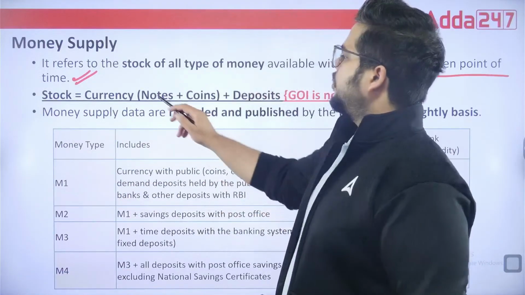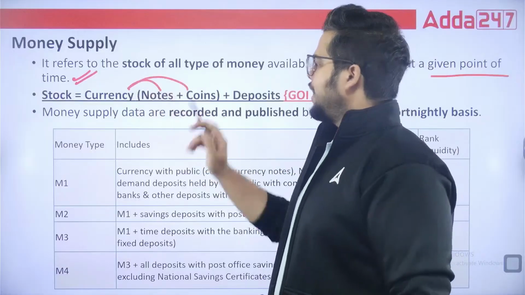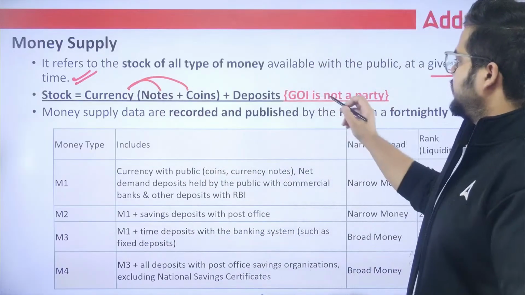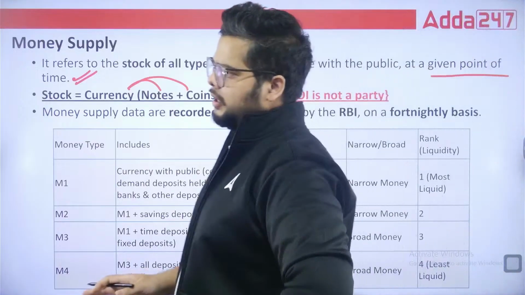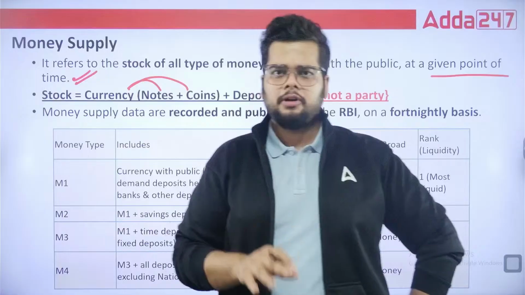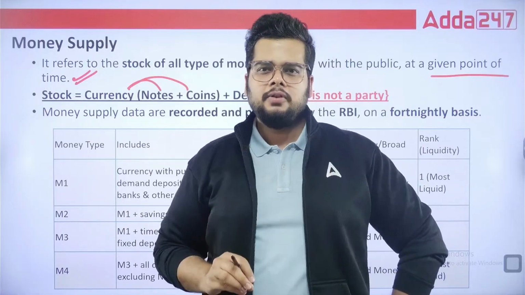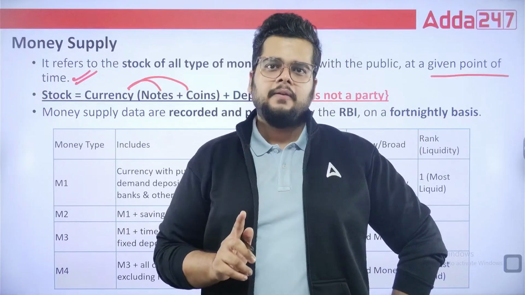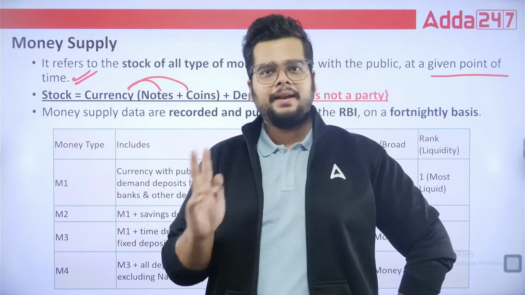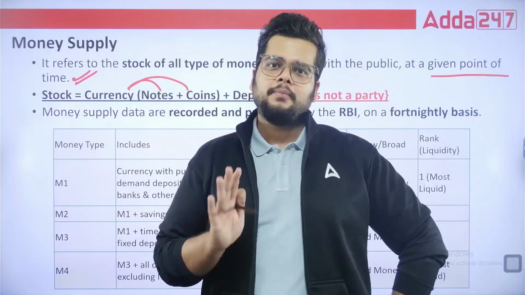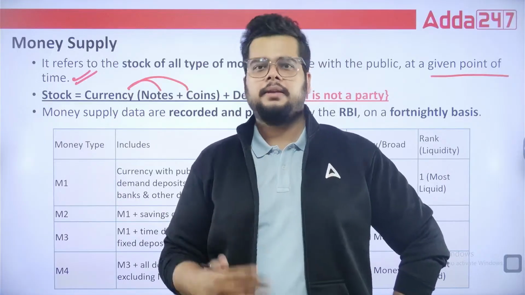Stock refers to what? The currency in the form of notes as well as coins, plus the deposits. That is also very, very important. So in the definition of a particular measure of money supply, you will find two things. One, where you only consider the demand deposit. Secondly, you will be considering both the demand deposit as well as the time deposit.